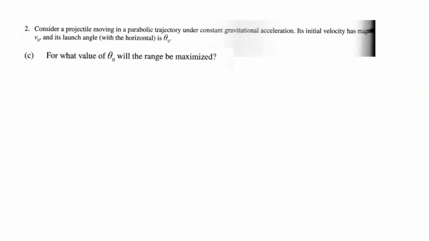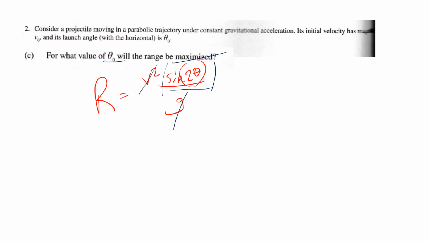Hey, for what value of theta 0 will the range be maximized? Well, we just figured out the formula where r is equal to v squared sine of 2 theta divided by g. Let's look at it here. Well, for what value of this will it be the maximum? Well, these guys aren't going to be affected. So we're looking at here.